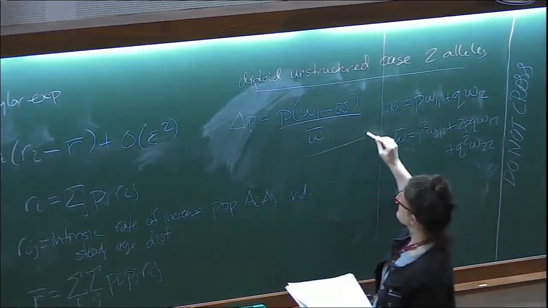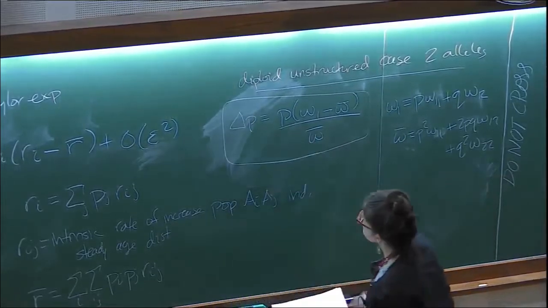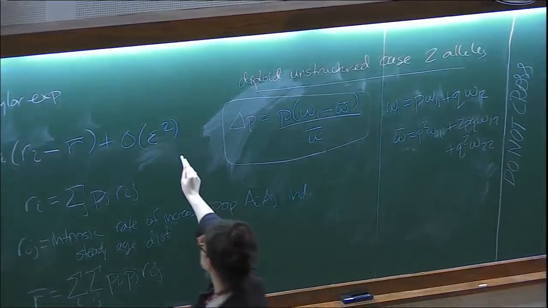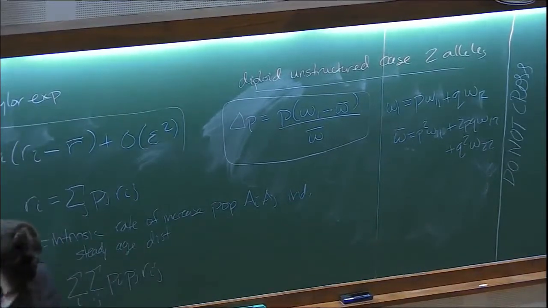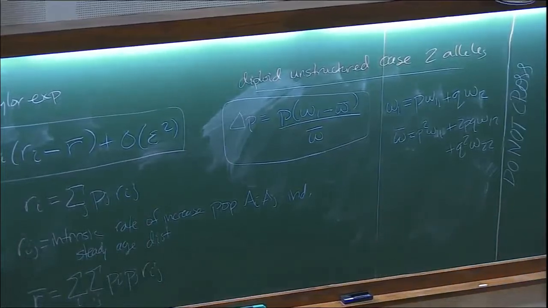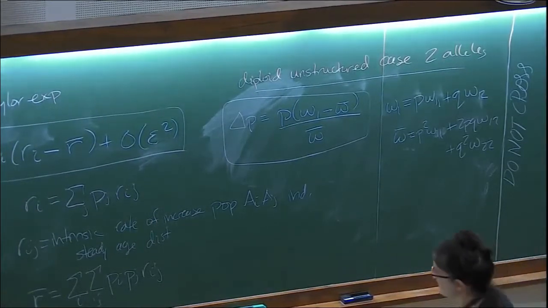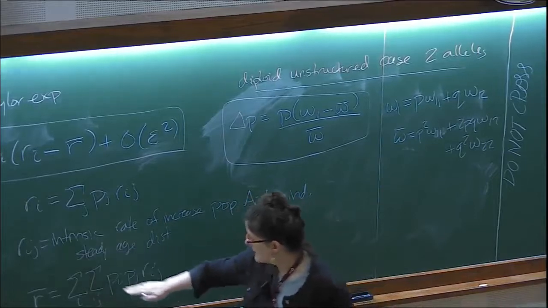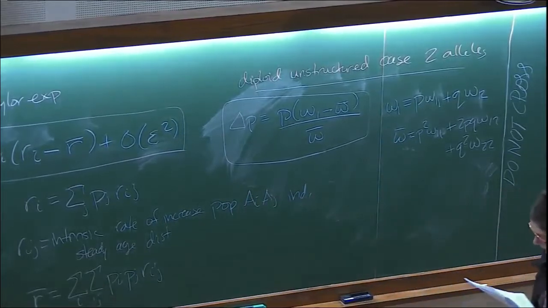This is the classic result for an unstructured population. You've seen versions of it. So here we have the example for the age-structured population, and it basically says that under weak selection, the genotype-specific intrinsic rates of increase play the same role as the genotype-specific relative fitnesses, the Wij's.